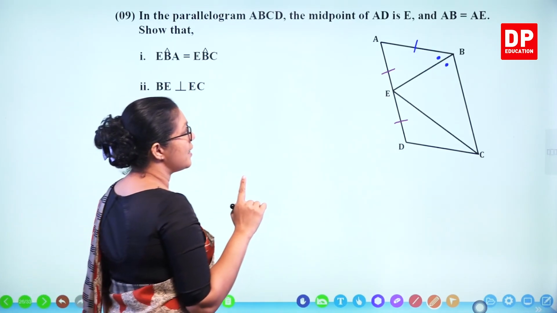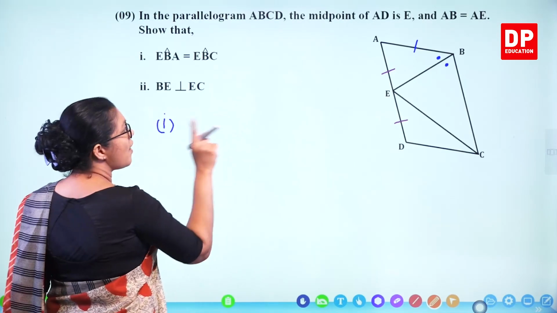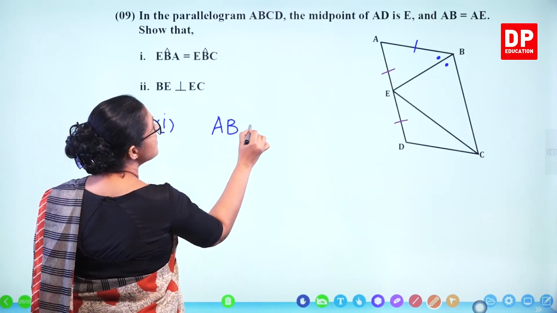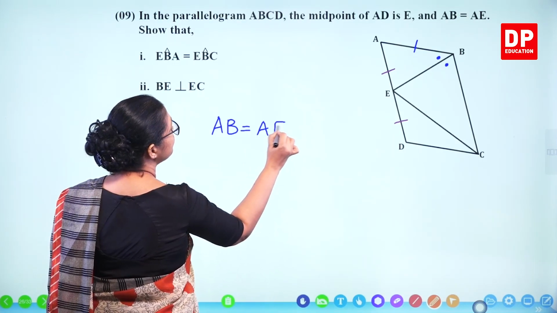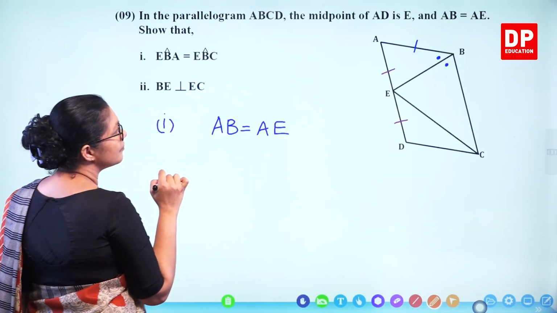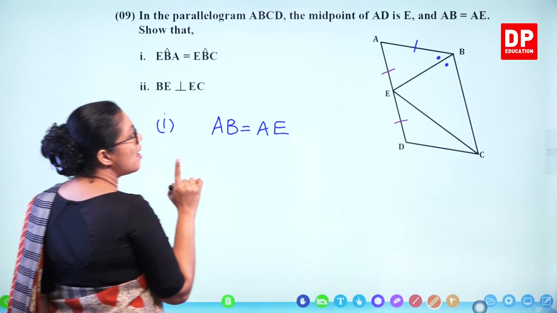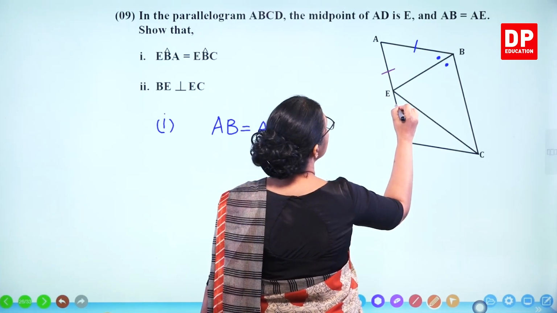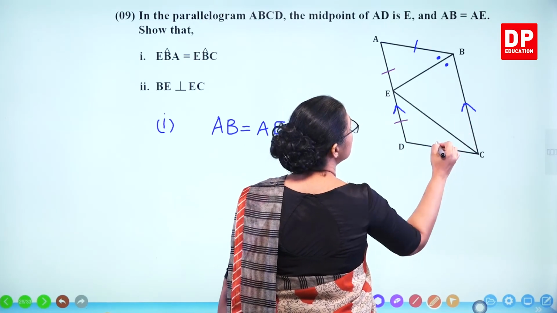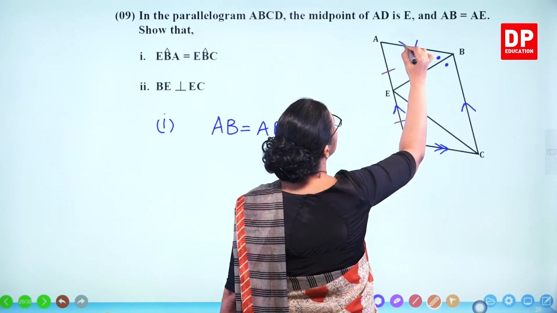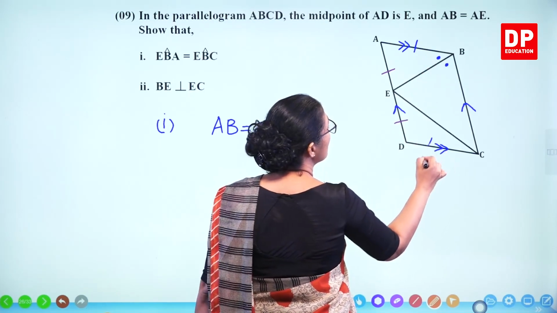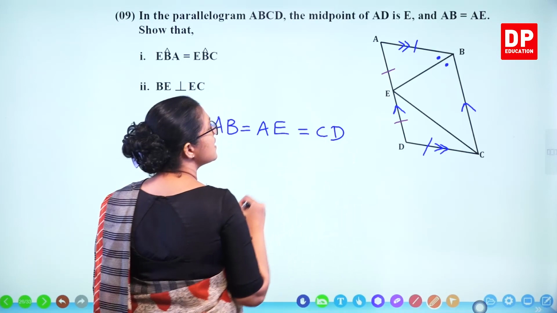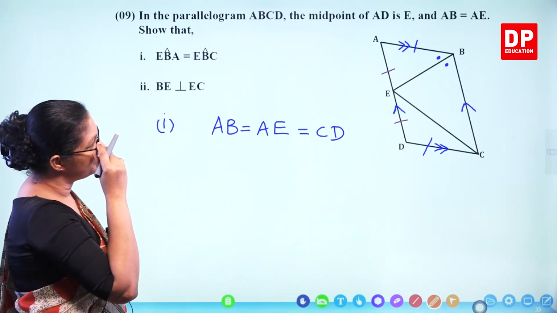So how can we do that now? We can first write down the information we know. We know AB is equal to AE. And this is a parallelogram. That means these are parallel as well as equal. So that's equal to CD as well. Opposite sides are equal.